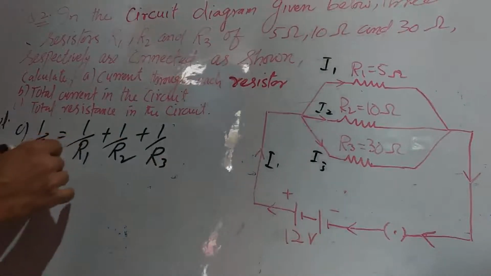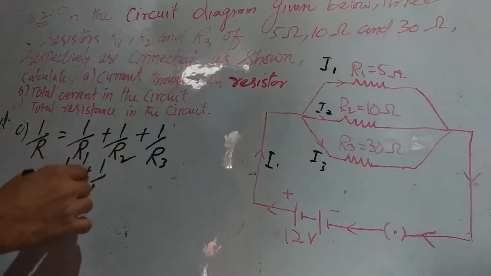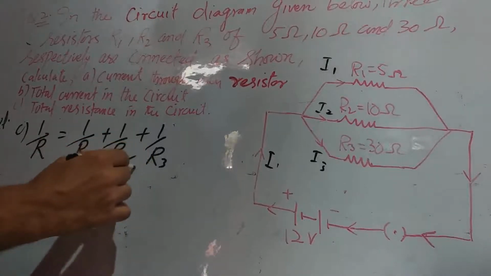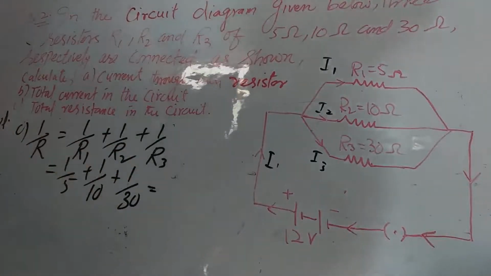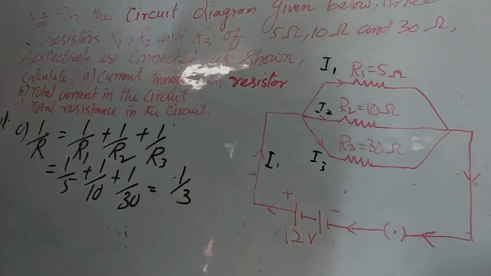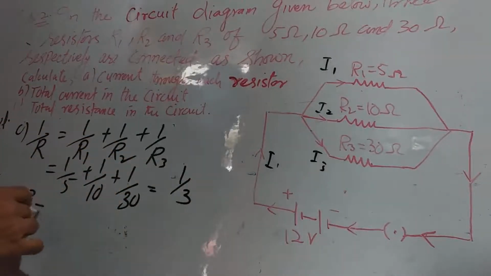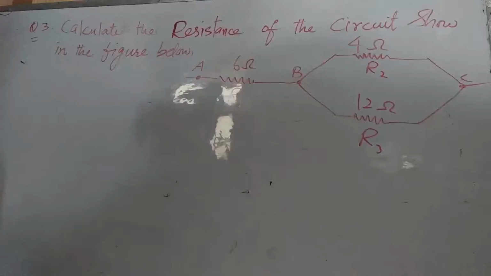So 1 by R1 is 1 by 5, R2 is 10, R3 is 30. When I calculate this, it is equal to 1 by 3. So 1 by R is 1 by 3, so R is equal to 3 ohm. This is the net effective resistance.